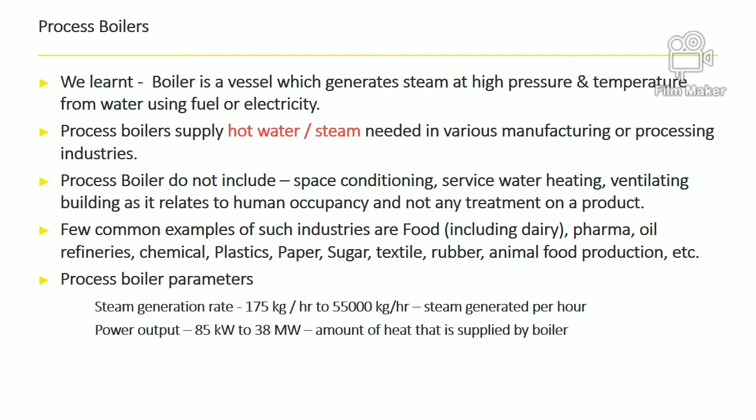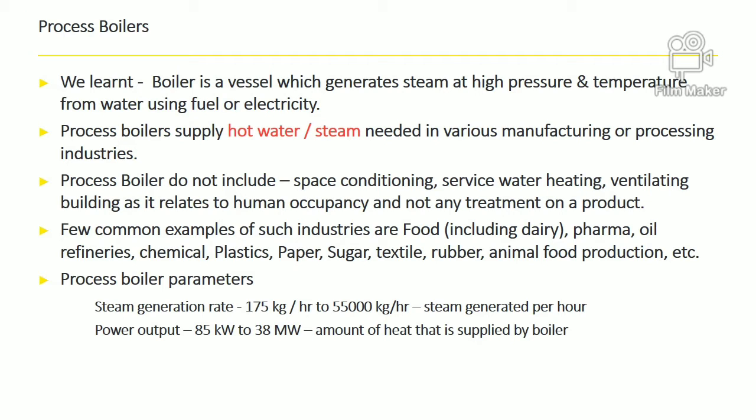Process boilers mainly supply hot water or steam needed for various manufacturing industries or processing industries. Process boilers do not cover space conditioning, surface water heating, or ventilating of buildings, as it relates to human occupancy and not any treatment on a product.